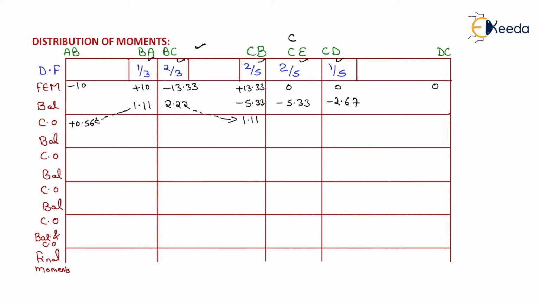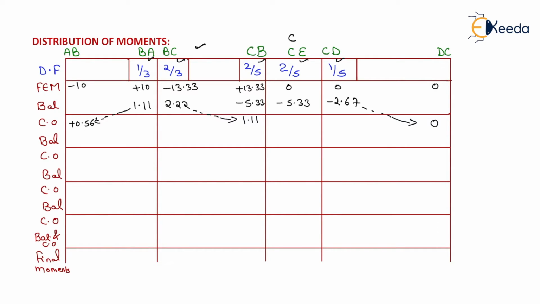Now the carryover of CE will be given to EC, which we will give in the last. The carryover of CD will be given to DC, but due to the hinge support at DC, the carryover moment will be equal to 0. So that is all about the carryover moments.